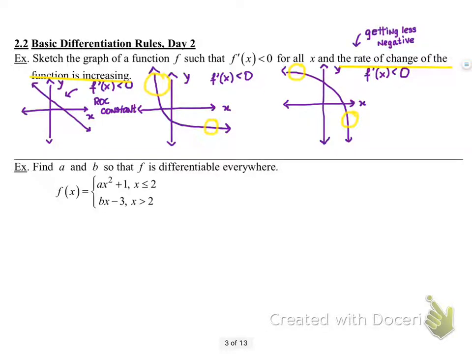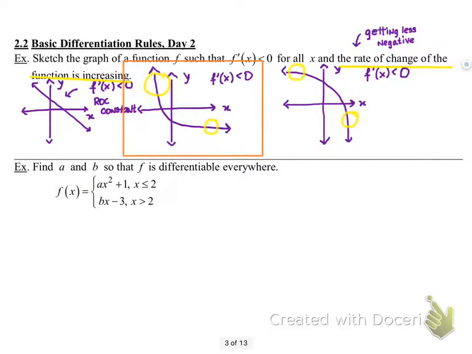So things are a bit fuzzy here, so I'm trying very hard to think through my explanations before I say them out loud. It says that the rate of change of the function is increasing, which means it's getting less negative. So our appropriate answer is this middle one.